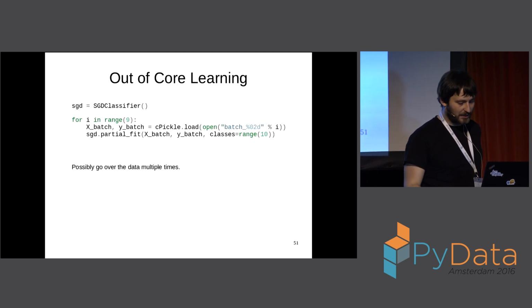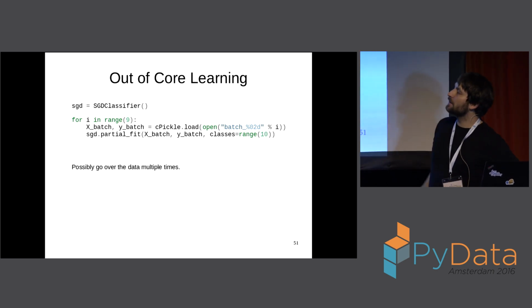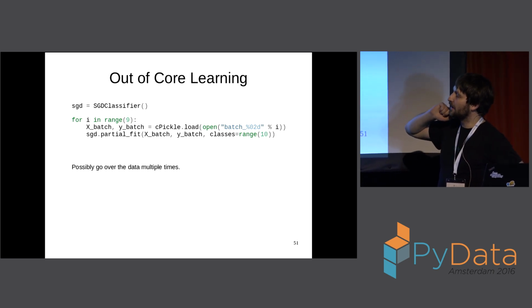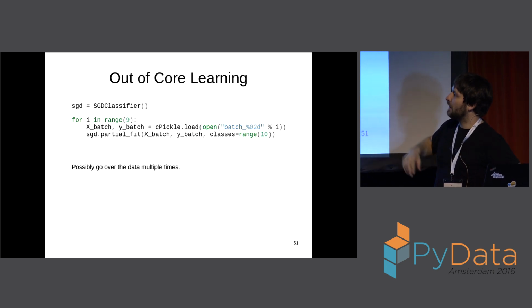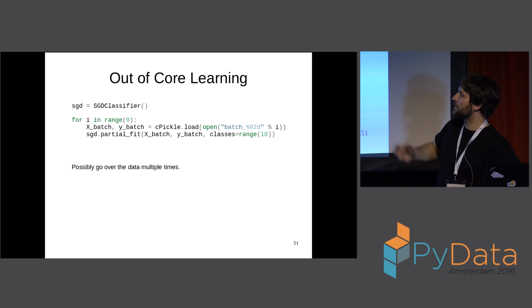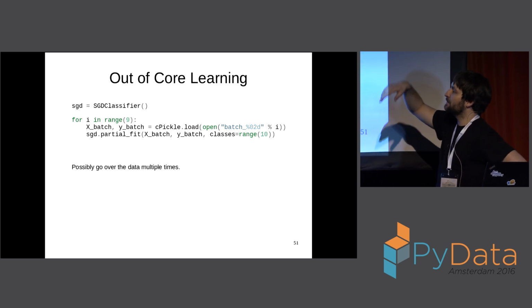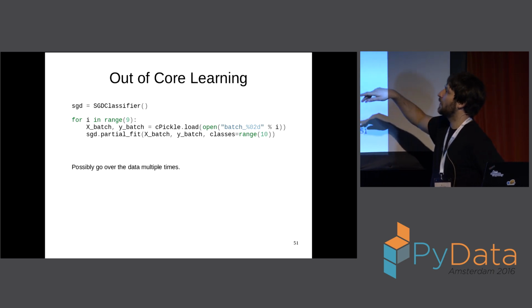The code could look something like this. Here I instantiate my classifier, a linear classifier, and I assume I have 10 batches of data, chunked in a way that each batch fits into memory. I load X batch and y batch from some pickle, and then I can call partial_fit on this batch.